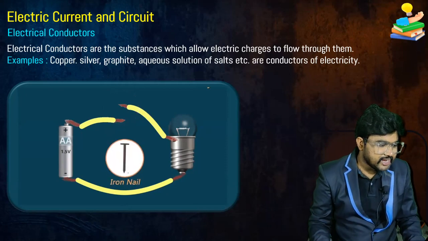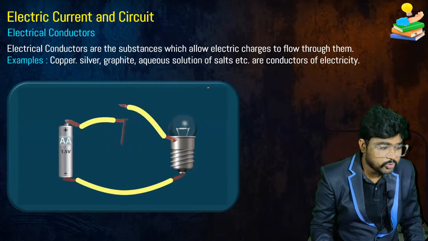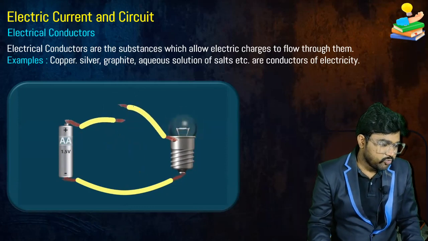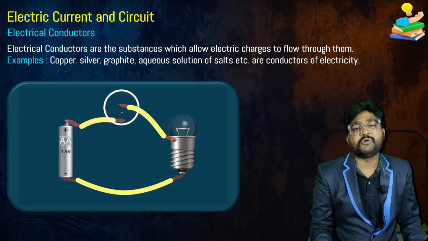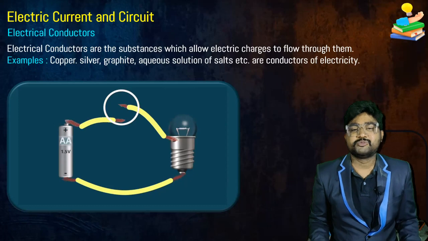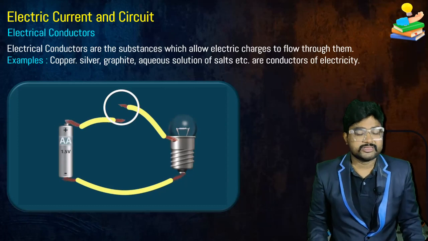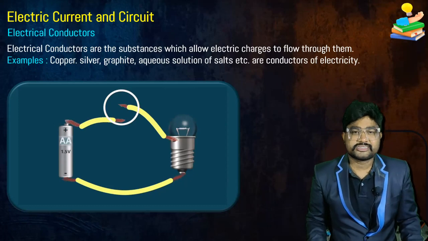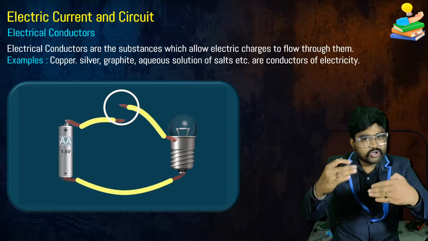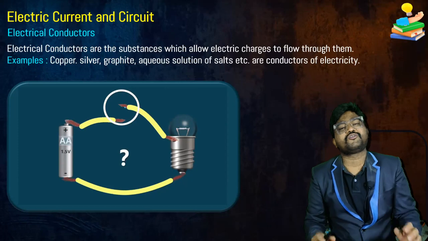Now I want to close the circuit by using any electrical conducting material. So now I am connecting an iron nail. I am closing the loop, and you are observing the bulb lighting. If you close the circuit using any electrical conductor, then you can observe the glow in the bulb. That is the closing of an electric circuit. Understood now? Initially there is no connection, there is a stoppage of flow of electrons.